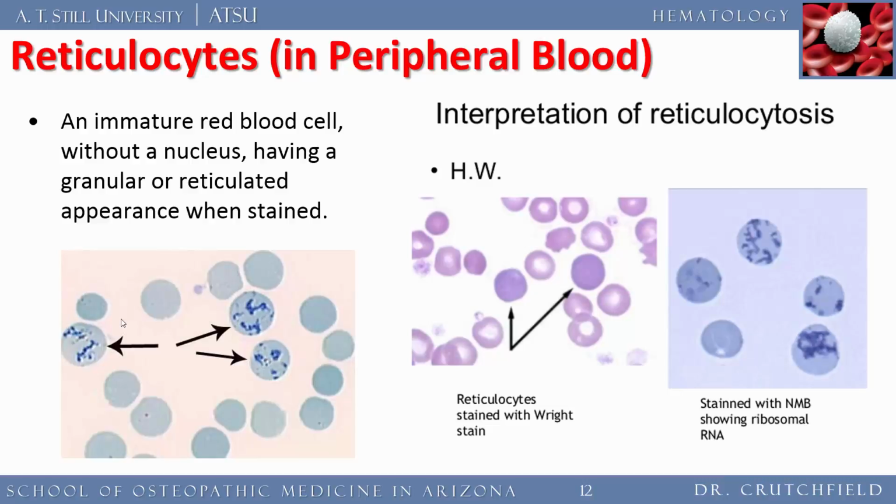The body releases these premature red cells called reticulocytes, and you can see them in the peripheral smear when they're stained with the various stains. So here it's showing the ribosomal RNA, which is basically what this reticular stuff is. It's ribosomal RNA, which is part of a nucleus, and as a red cell matures, it loses its nucleus, and so what we're seeing here is a premature red cell.